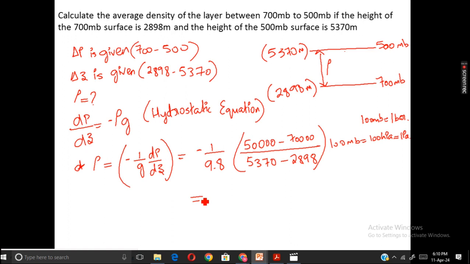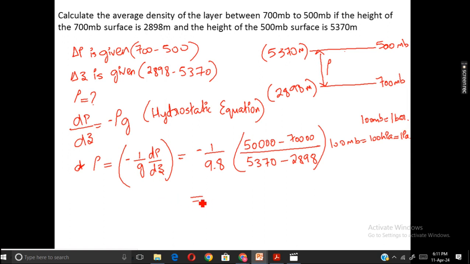So if you calculate, this will give you minus 1 by 9.8 into 50,000 minus 70,000 by 5370 minus 2898.